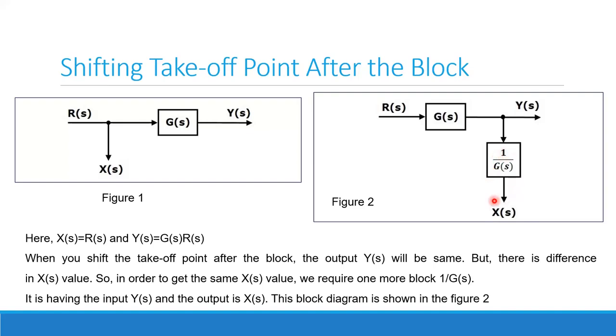Now if you calculate the value of X(s) here, it will be equal to what? The signal coming here will be R(s) into G(s), which will be multiplied with this gain. So R(s) into G(s) multiplied by 1 by G(s). So 1 by G(s) gets cancelled. The signal remains only R(s), which is equal to X(s) as that of the original value.